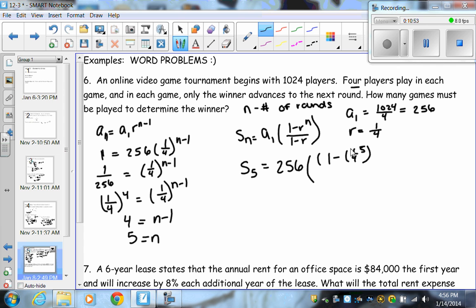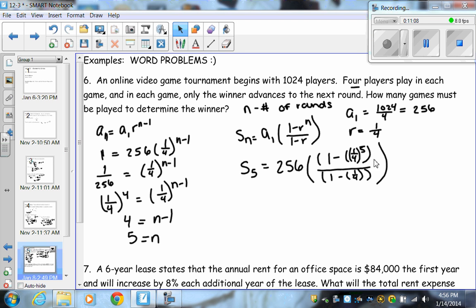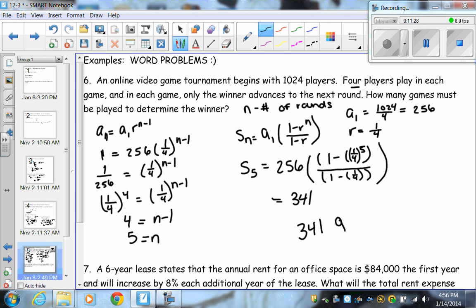Again, when you have the fraction, you probably want to put the fraction itself in parentheses as well, over 1 minus 1/4. And if you type this in your calculator exactly like you see it, making sure you put all the parentheses that I have, you should get 341. So the answer to the question, how many games must be played to determine the winner? Your answer would be 341 games.